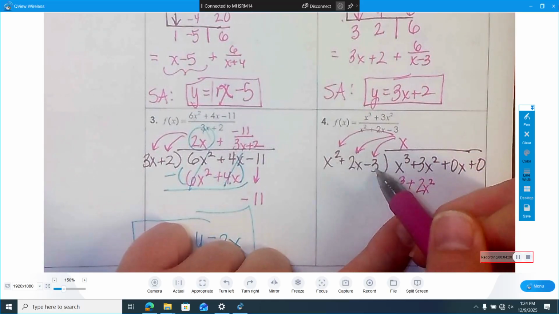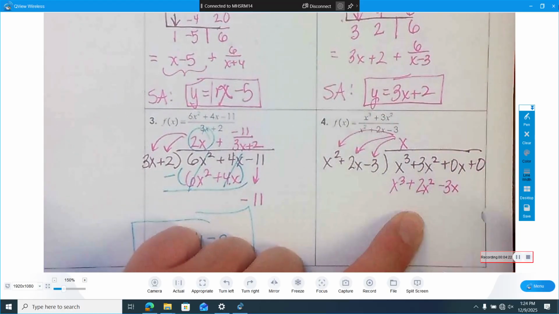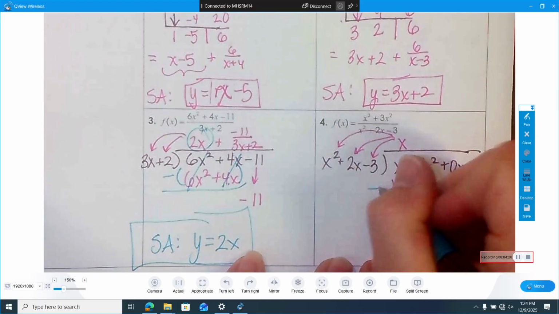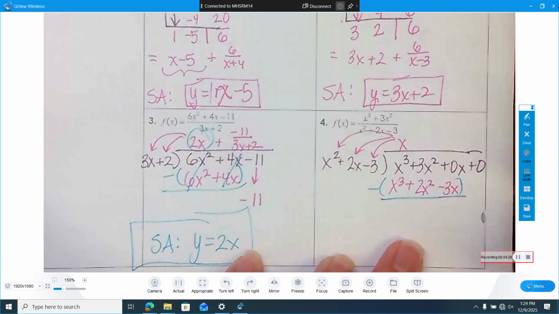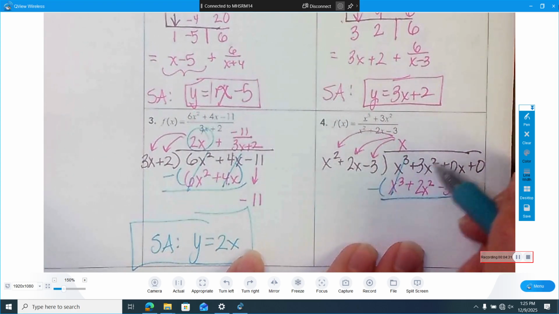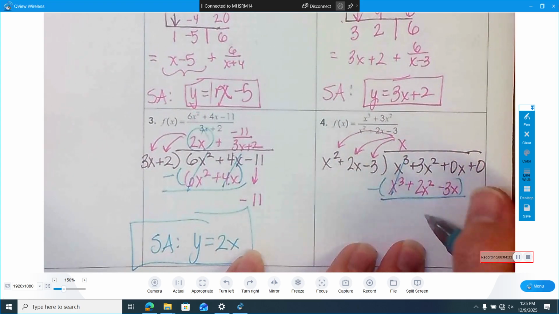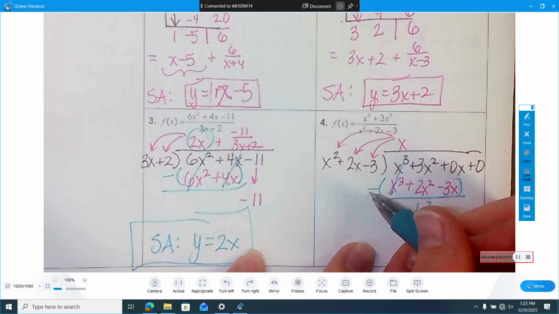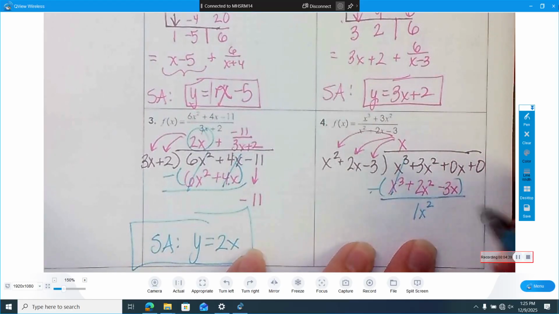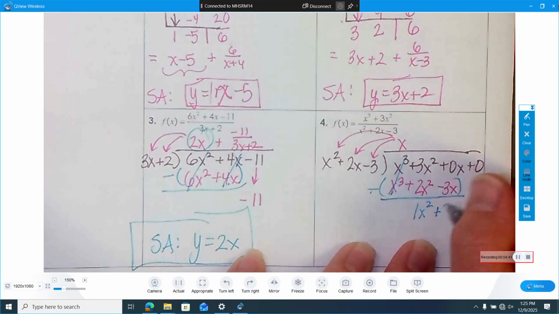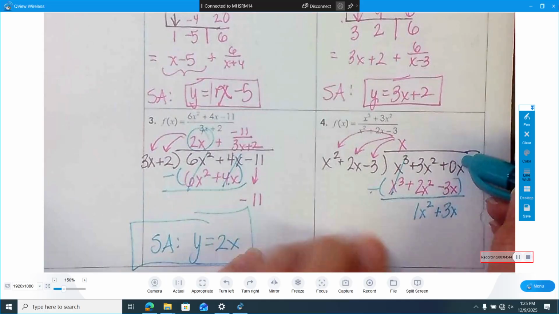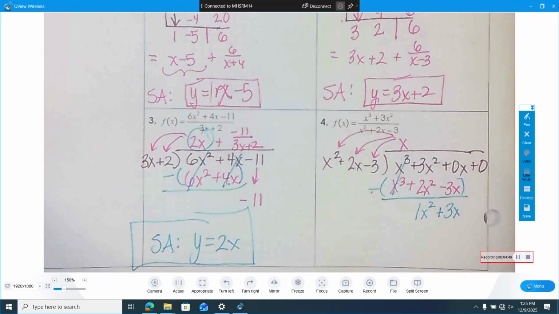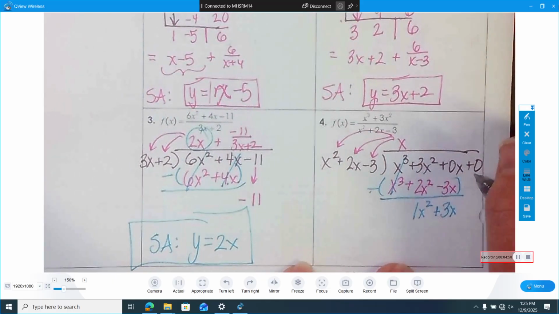And then x times negative 3 is negative 3x. And then we need to do what? Subtract everything. 3x squared minus 2x squared is 1x squared. And 0 minus a negative 3x, 0 minus a negative turns to plus, so plus 3x. And I can bring down the 0, I guess.